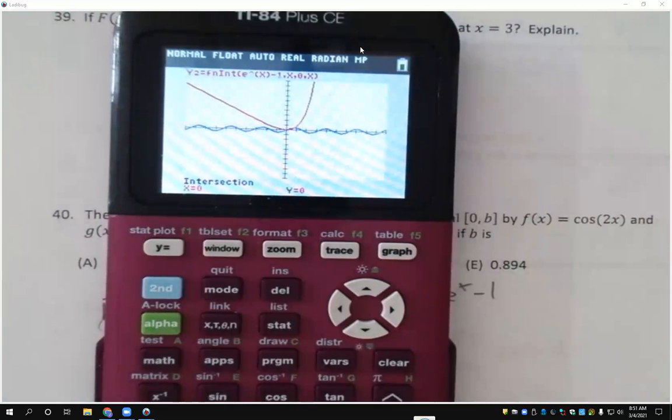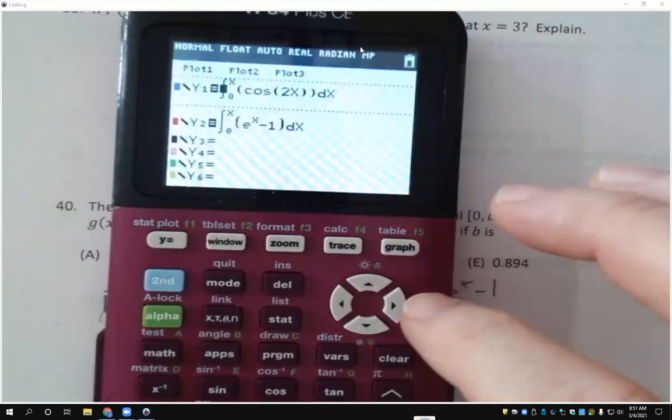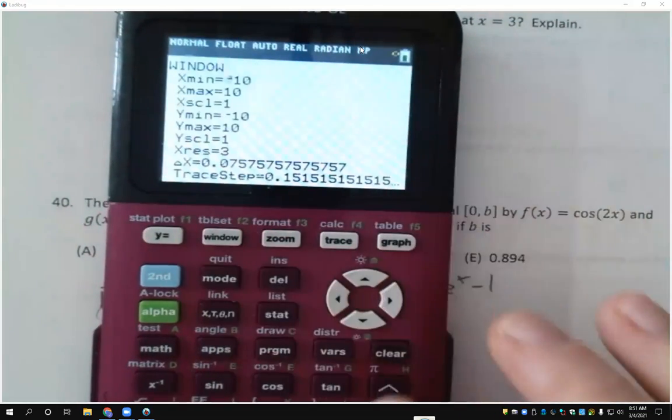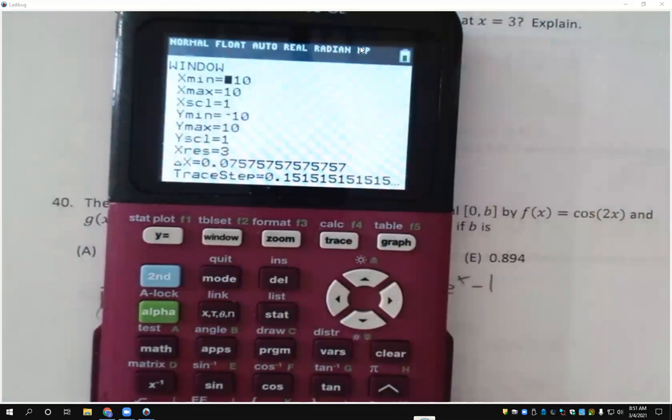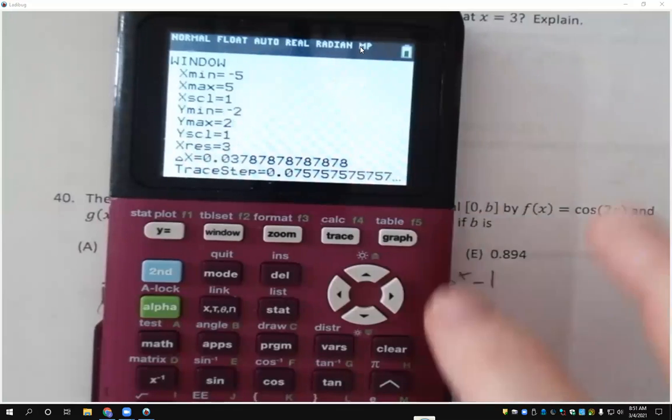And I don't know why it said 0, 0. Did I type it in right? I did. Let me zoom in on that a little bit. Let me change my window, negative 5 to 5, negative 2 to 2.